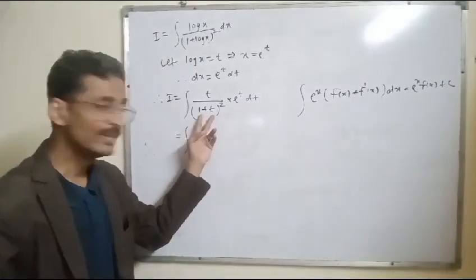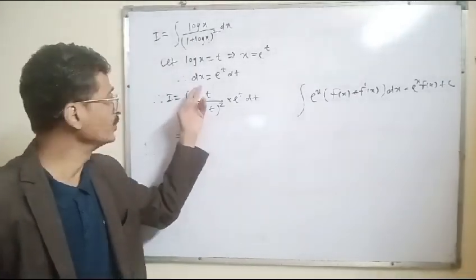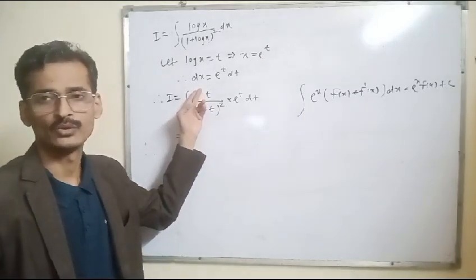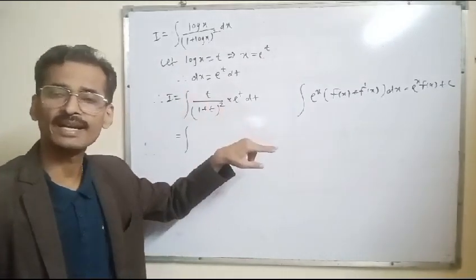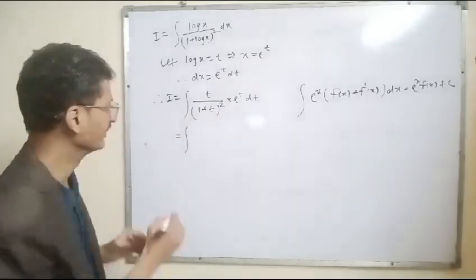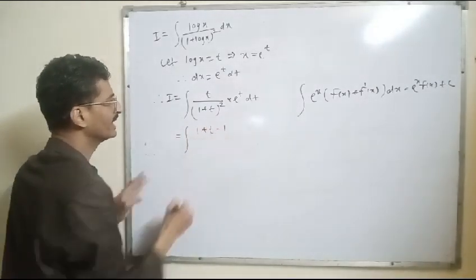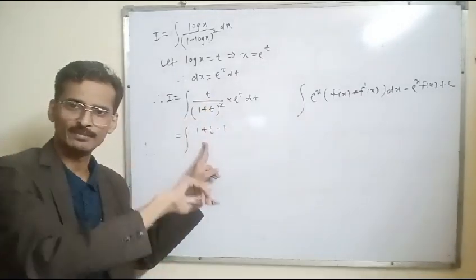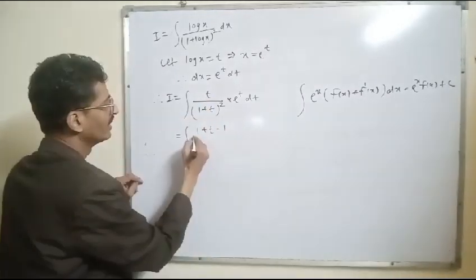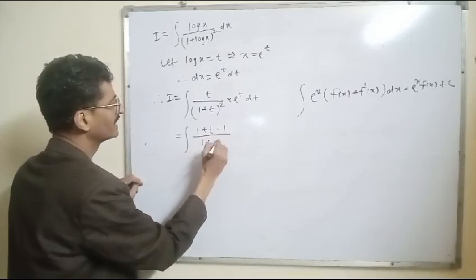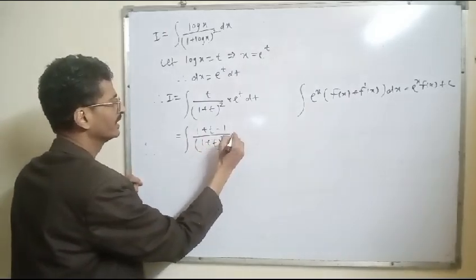As here 1 plus t is given and in the numerator t is given, so write here plus 1 and minus 1. That means add and subtract 1. So we can write this as 1 plus t minus 1.